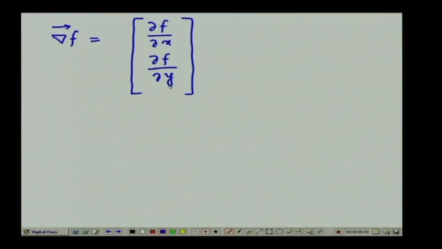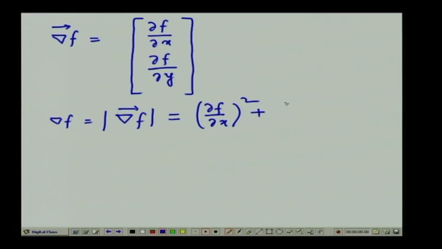What we are concerned about for enhancement is the magnitude of the gradient, del f, which is the magnitude of the vector grad f, usually the square root of (del f/del x) squared plus (del f/del y) squared.